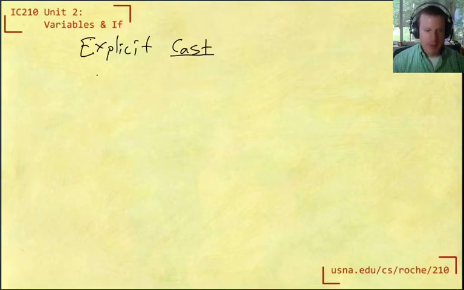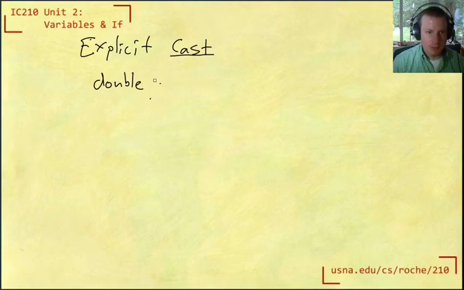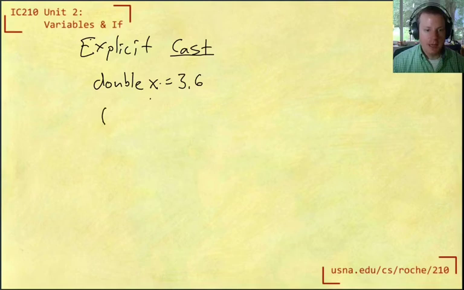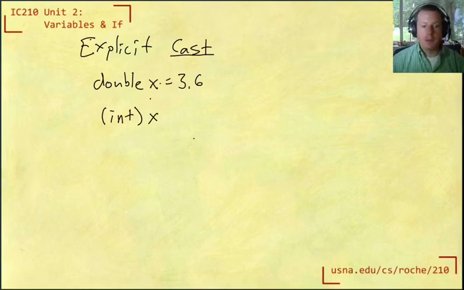So for example, if I have double x equals 3.6. The way that I do an explicit cast is I have open parentheses and the name of the type I want to cast that into, like int, and then I put the value that I want to change.